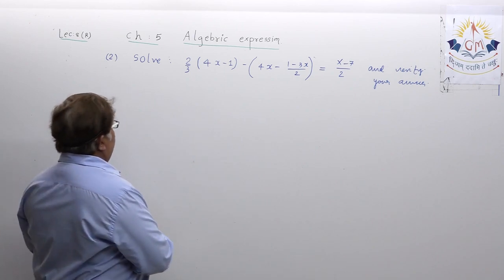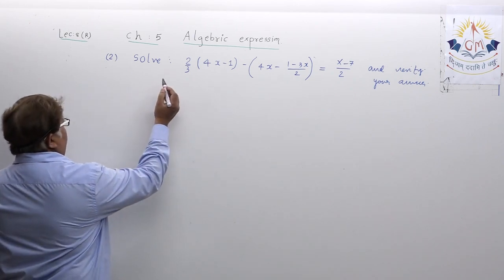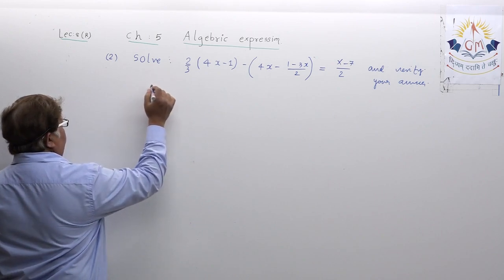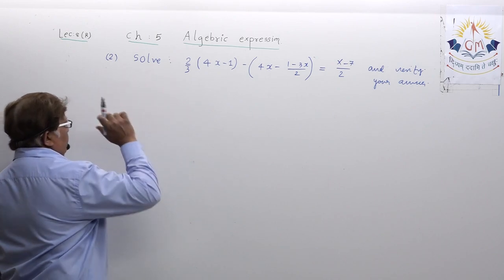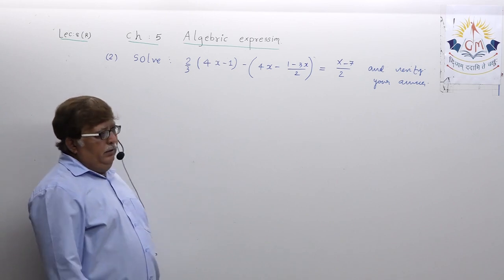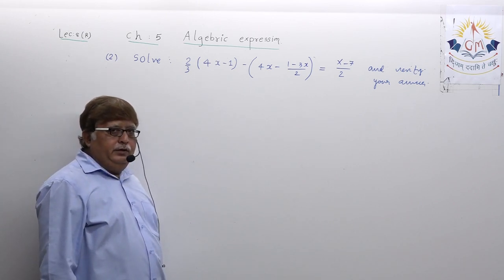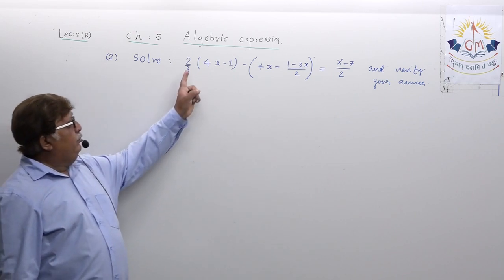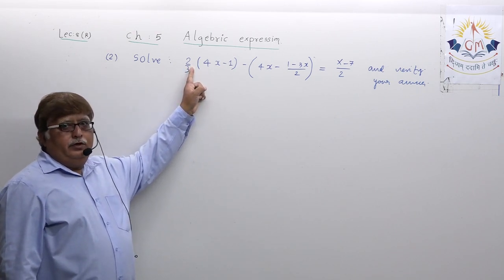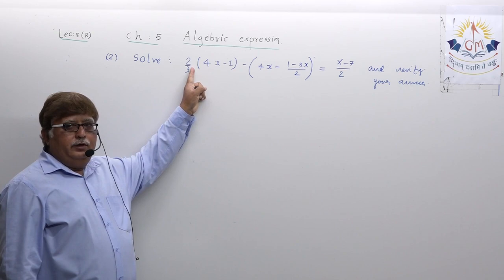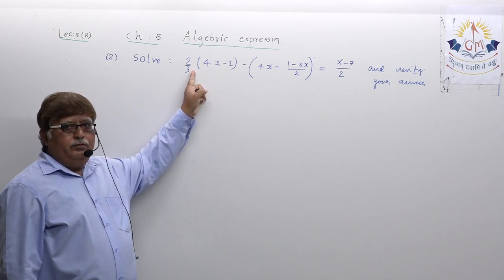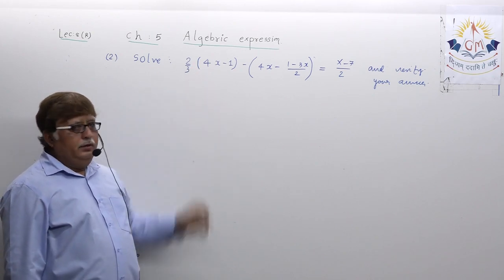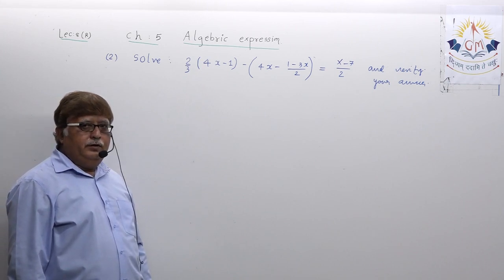Okay, let me write. We are writing the equation now, dear student. As we are trying to solve the equation, what should you do? Check your basics again. 2 upon 3 into bracket 4x minus 1.